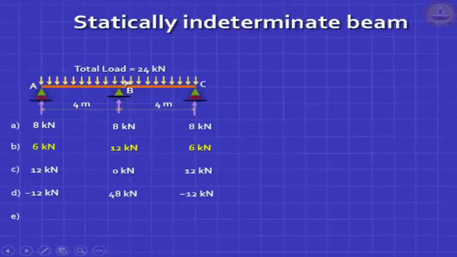If you take moment equilibrium or apply symmetry, you know that VA will be equal to VC. We've got only two equations, we've got three unknowns. That's where the problem is. Now, we could guess that 12 seems to be a decent answer because this fellow is in the middle and the tributary area will spread half here, half there. So 12 seems to be a decent answer, but you said it is not 12. I'm asking you a simple question. Is it more than 12 or less than 12? Okay.